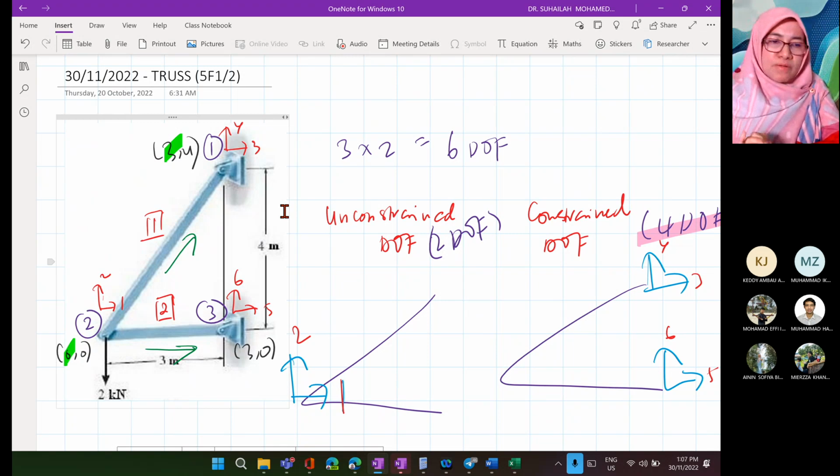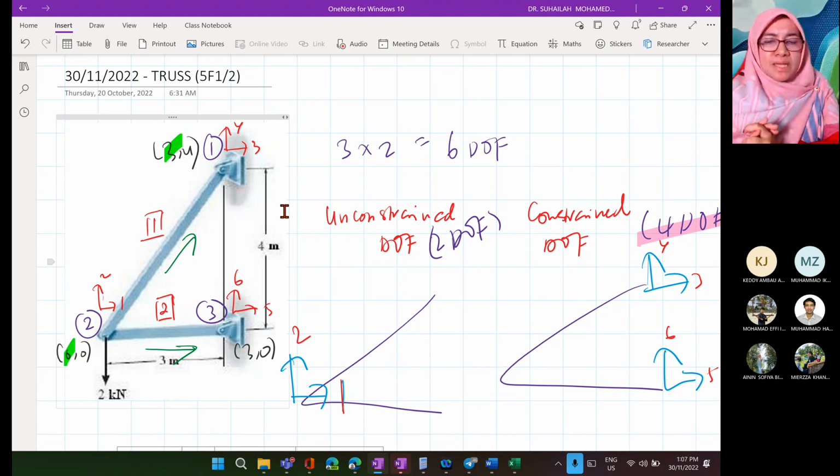For this week, please find one truss question, maybe in a past year exam paper, maybe using Google. You can also draw on your own and then try to solve for the unknown displacements, the unknown reactions, as well as the member forces in the truss.